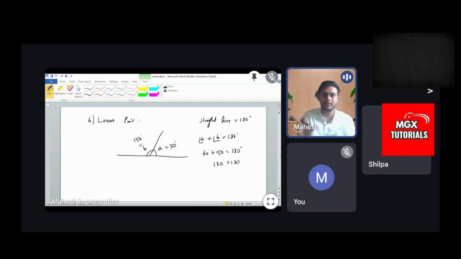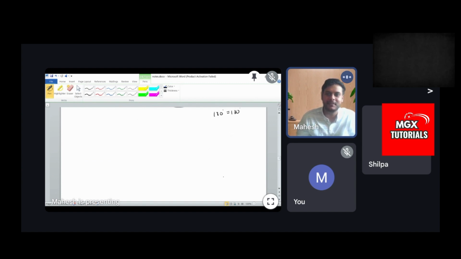Very simple. One more last example I will give. The line can be like this also, the other way around. Think this is 45 degrees.